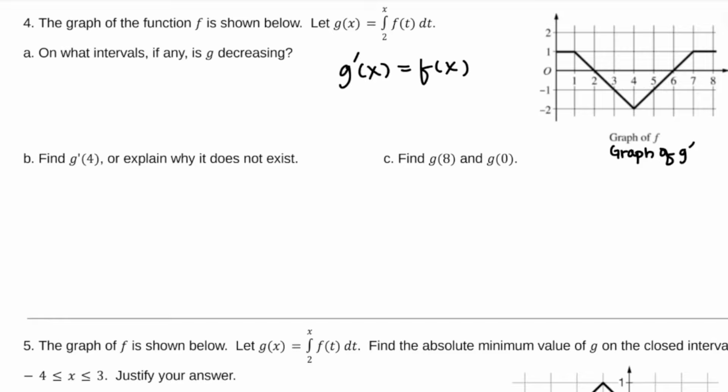I'm going to even write in here, this is also the graph of g prime. Because that sometimes helps. Okay, if we're looking for where g is decreasing, we want to know where g prime is less than 0. So I'm going to say g prime, which I know is equal to f, is less than 0 when x is between 2 and 6.